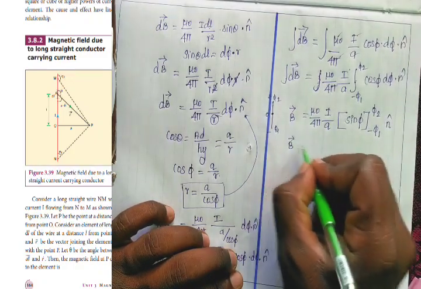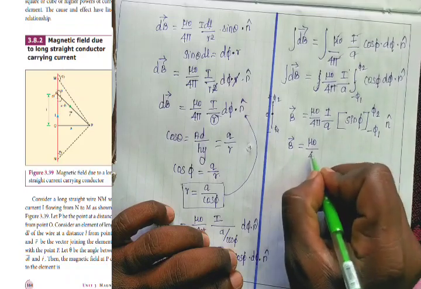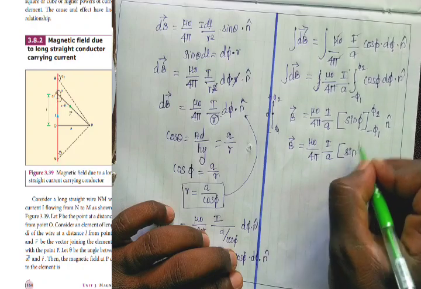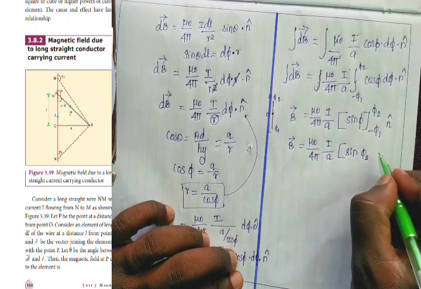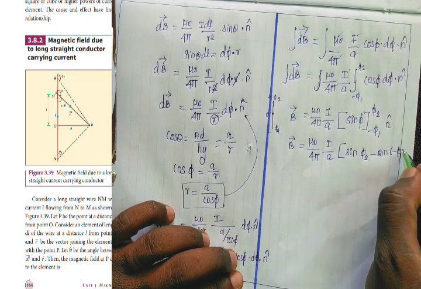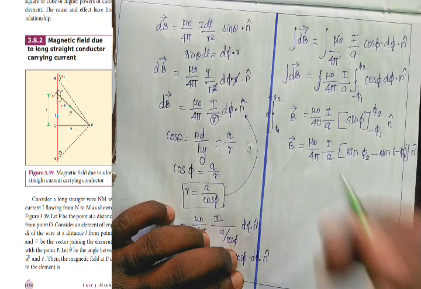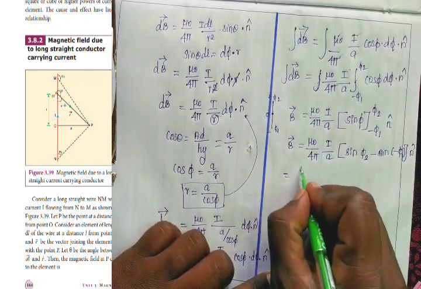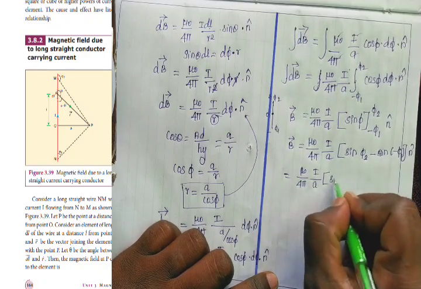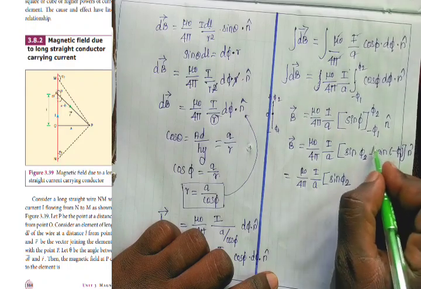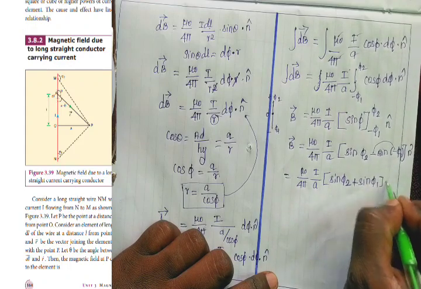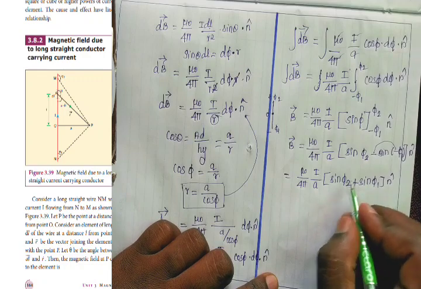So next we want to substitute the upper limit value and also the lower limit value. μ0 divided by 4π, I divided by a, sin φ value, first one is upper limit φ2, minus second one is lower limit, so sin of minus φ1, and the unit vector n cap. μ0 divided by 4π, I divided by a, sin φ2 minus into minus plus, so plus sin φ1, unit vector n cap.